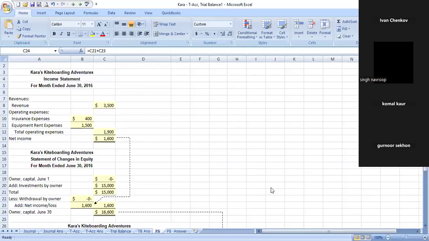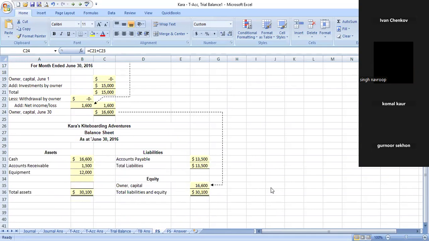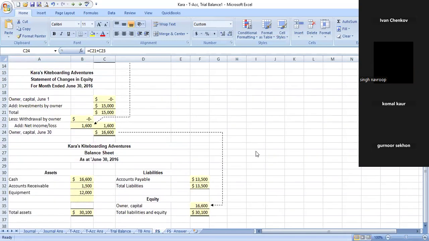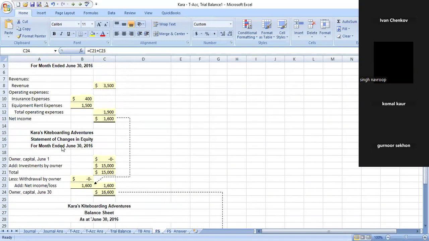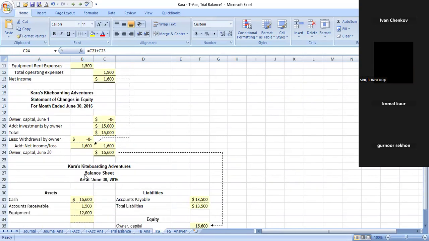The last question is that I'm going to list different accounts. Let's say inventory. And I'm going to ask you on which financial statement that account is going to appear. So if I tell you inventory, you have three options here: income statement, statement of owner's equity, balance sheet.